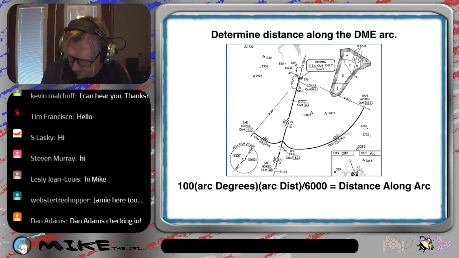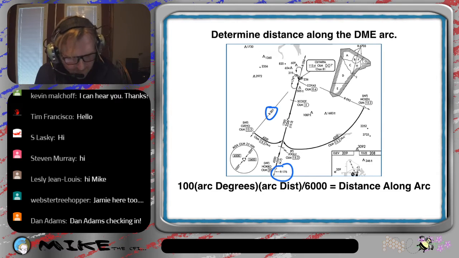And if we take the short one here first, again, we find the difference between the two radials. So we got 201 here, and we got the 176 there. So 201 minus 176, that's going to give us 25 degrees.